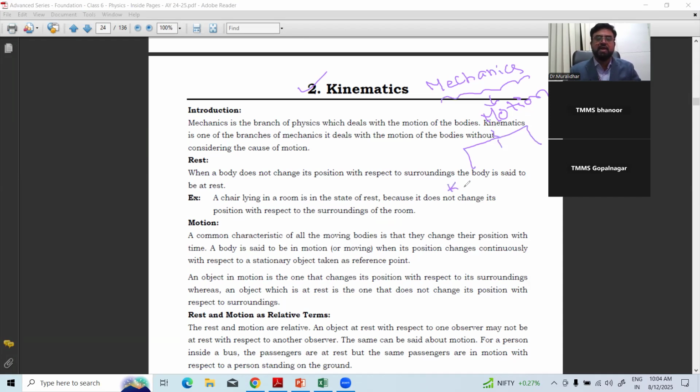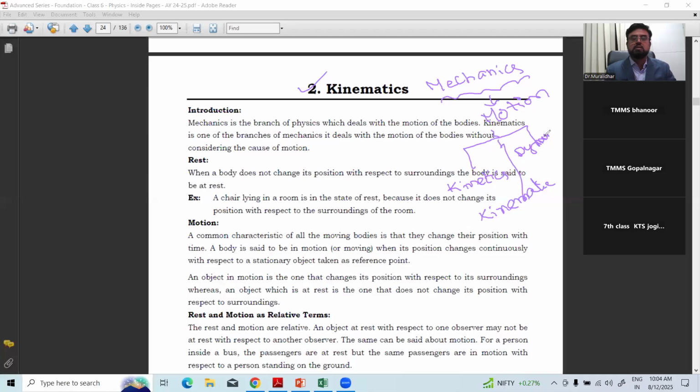One is kinetics. The second one is kinematics. And the third one is dynamics. Right? These are the three subparts of mechanics.